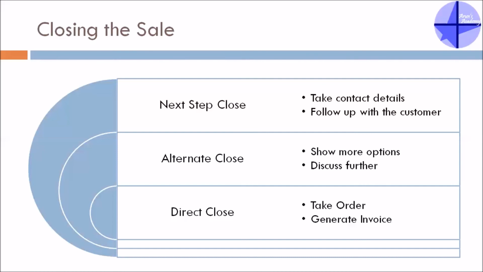Please ensure that whatever time and date you have fixed, you do it at that particular time. It is very, very important. What I have normally seen is most of the salesmen are good till this point, but when it comes to follow up, they falter a lot.